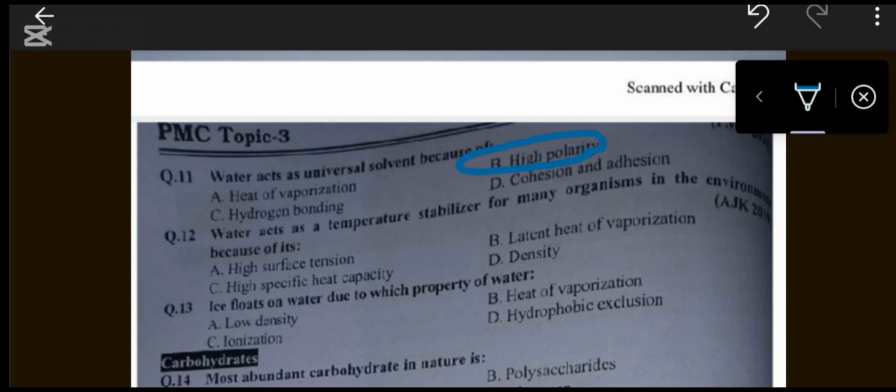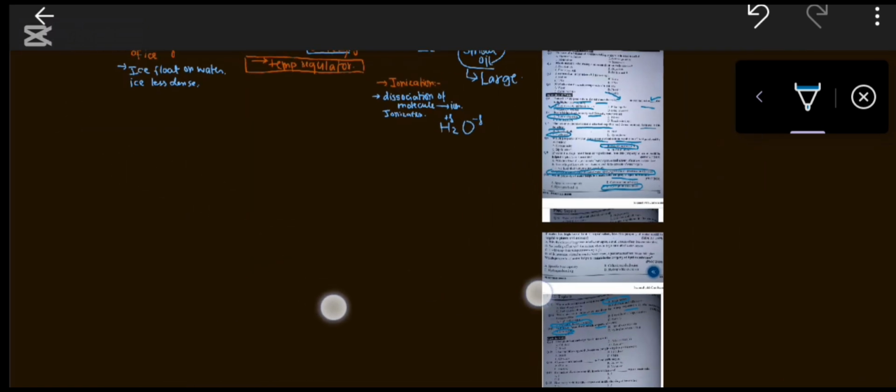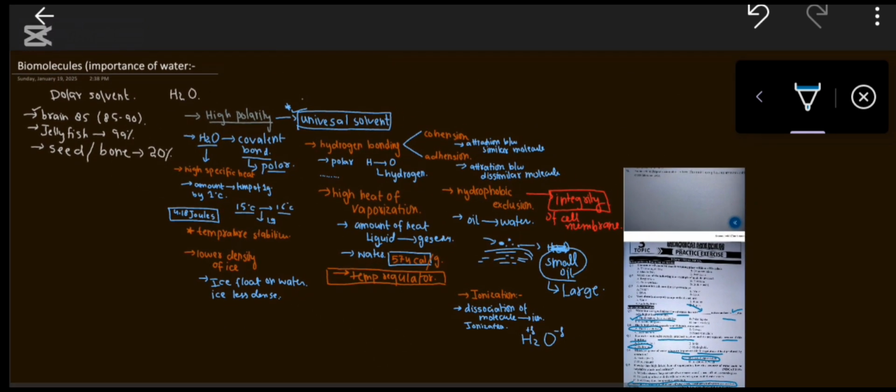Then water acts as a temperature stabilizer for many organisms because it has high specific heat capacity. Question number 13: ice floats on water due to which property? Due to low density. So these were all for today. Is that clear? Till then, bye bye.